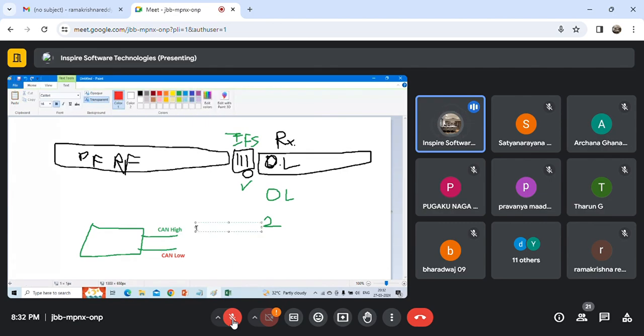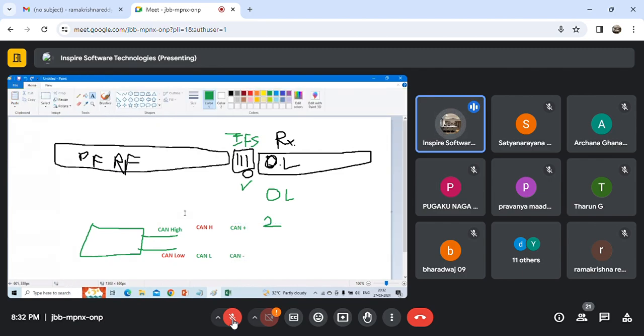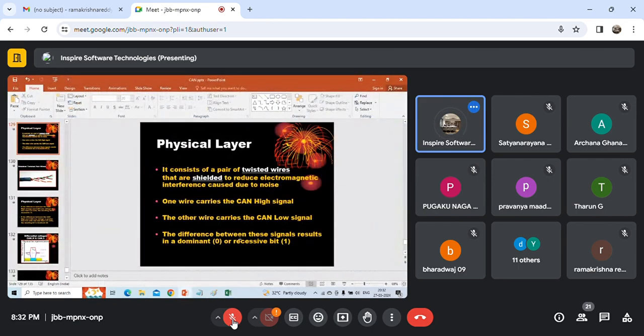Or they can also call it CAN H and CAN low. Or different people will use CAN plus and minus, things like that. Nomenclature may vary depending on the person using it, but 2 wires are needed. As per the protocol, they are CAN high and CAN low. That is what the protocol will say.